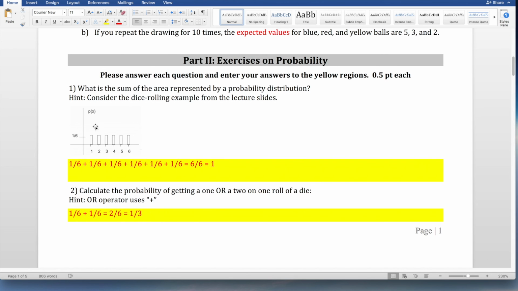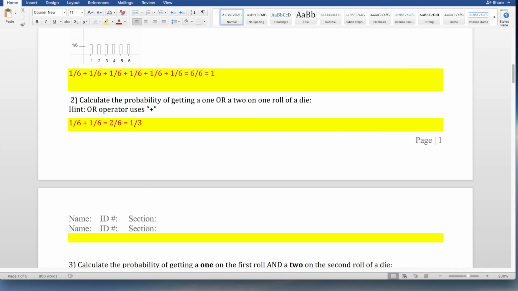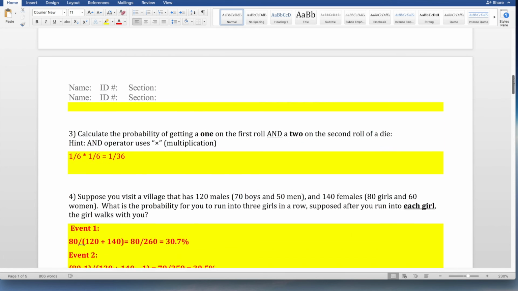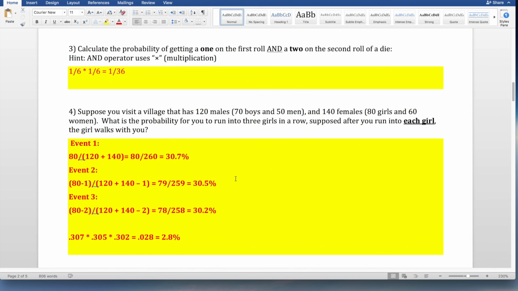So for question 1, we remember that we were adding up the area for this probability distribution, and it ended up equaling 1. For question 2, we were trying to see how 2 probabilities add up together to equal an expected outcome. For 3, it was multiplying to get a probability. And then for 4, it was looking at a number of events all together and what the probability of those events occurring together would be.